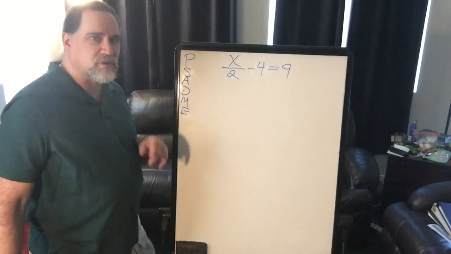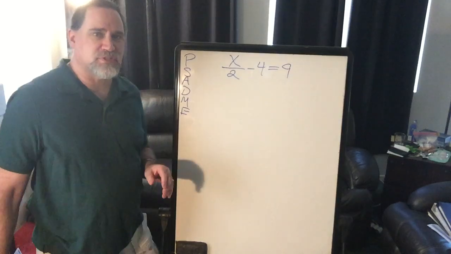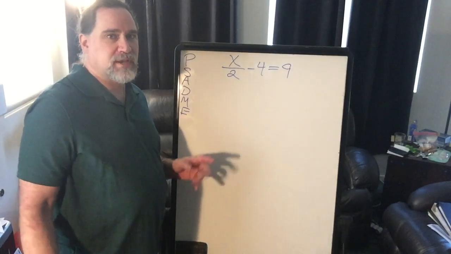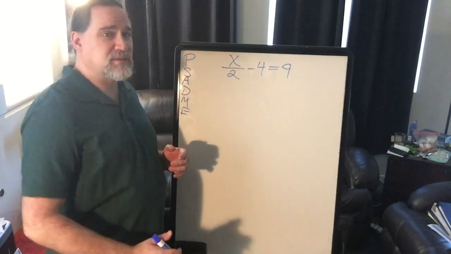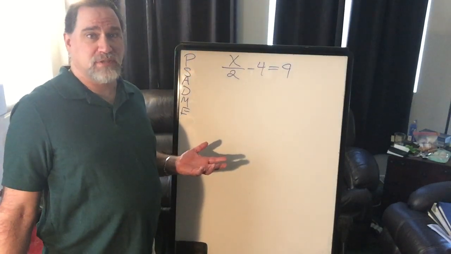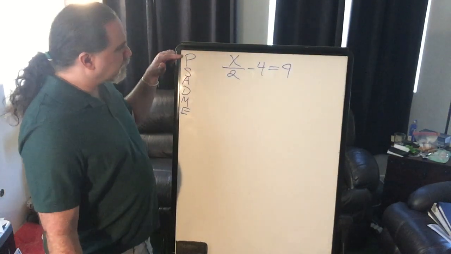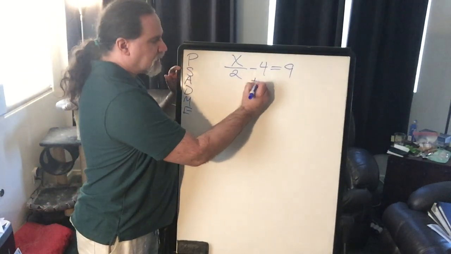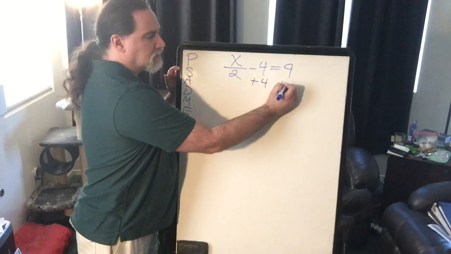And I find that this is another one of those times when students suddenly go, well, I don't just immediately know what the answer is. Okay? So that's fine, because we don't need to know it. All I'm doing is going, are there any parentheses? No. Is there some subtraction? There sure is. And the opposite of minus 4 would be plus 4.